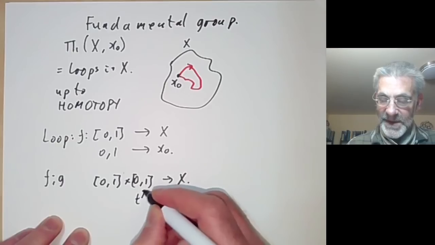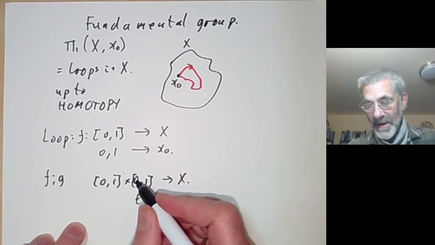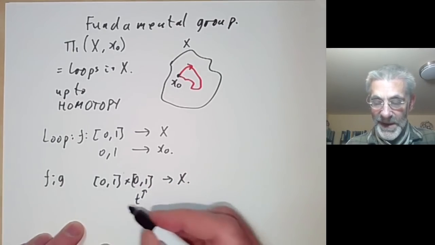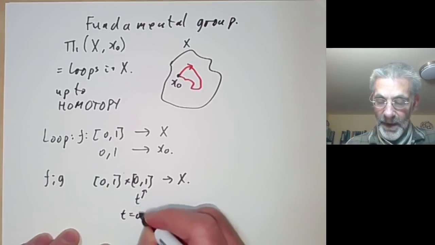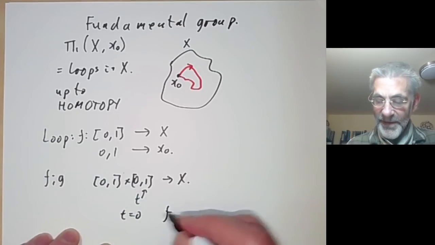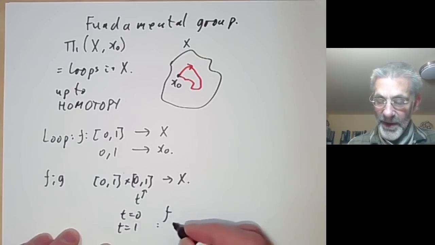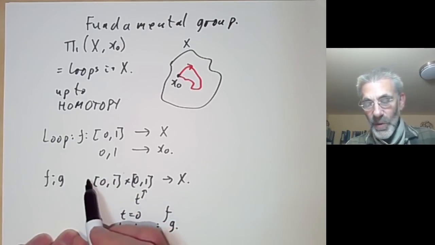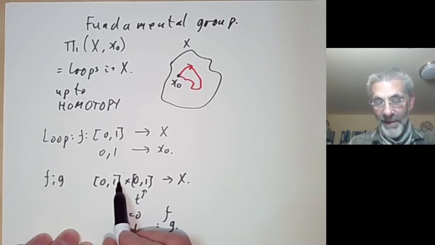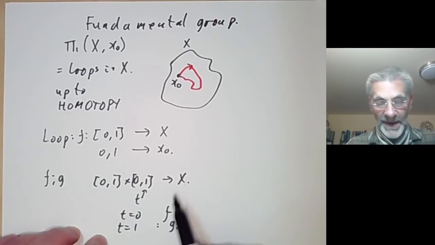If this is considered to be t, then at t equals 0 the map should be f, and at t equals 1 the map should be g, and at all times the beginning points and end points of this interval should always be x0.